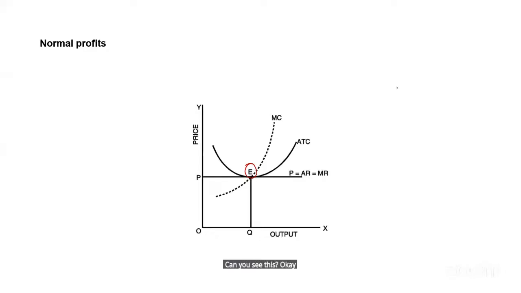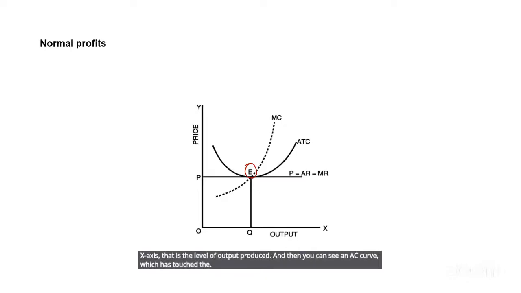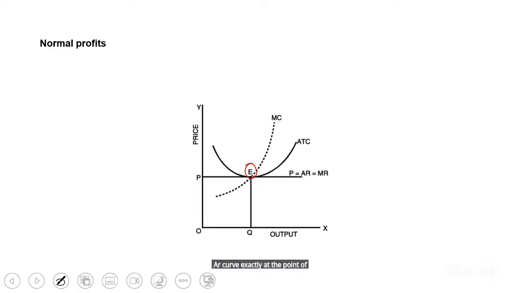From that line, we have dragged a line to the x-axis. That is the level of output produced. And then you can see an AC curve which has touched the AR curve exactly at the point of equilibrium. Can you see that? Yes, ma'am.